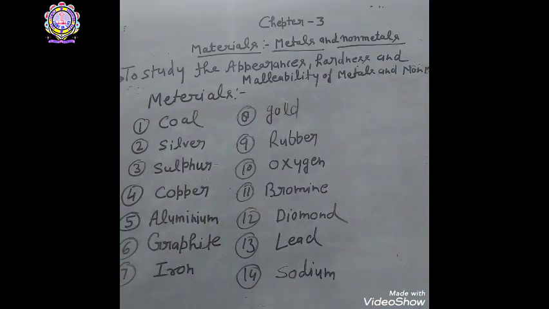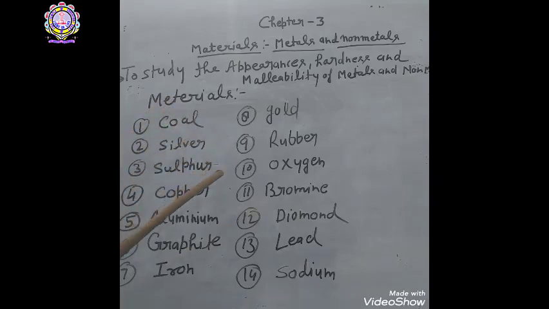With the help of these tables, solve these questions and find the properties of these materials. The question is to study the appearance, hardness and malleability of metals and non-metals.